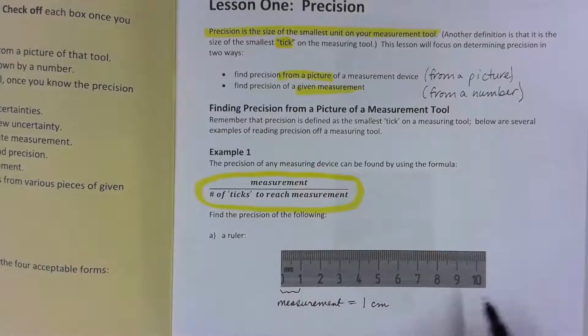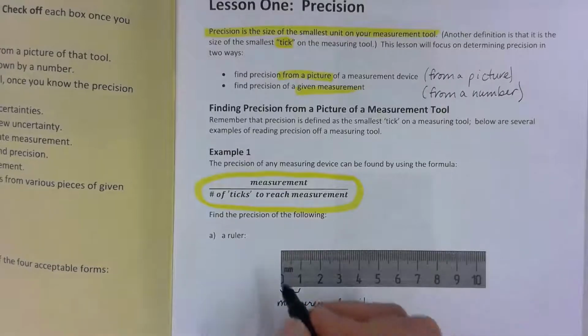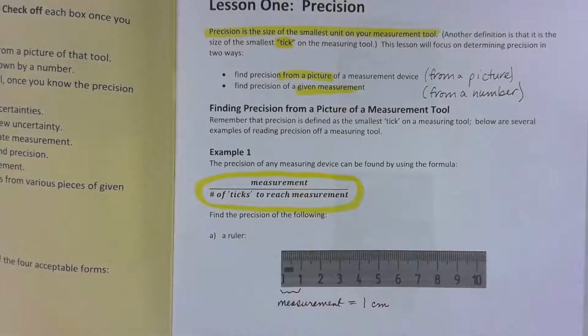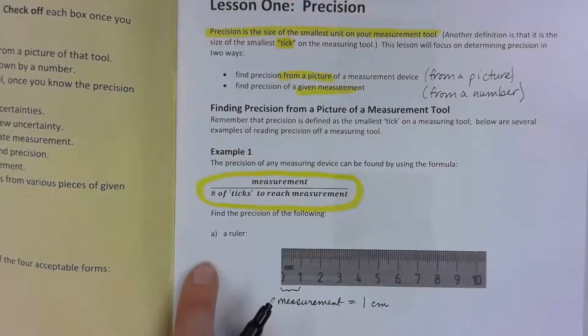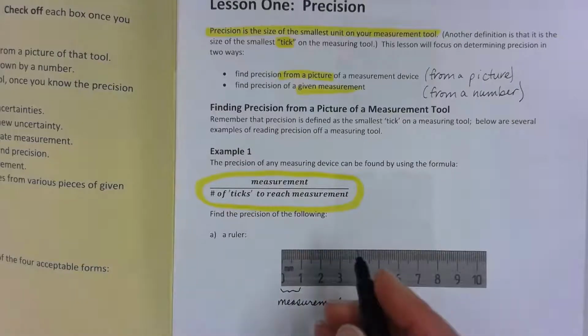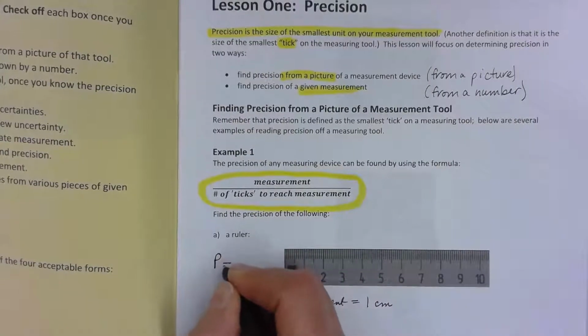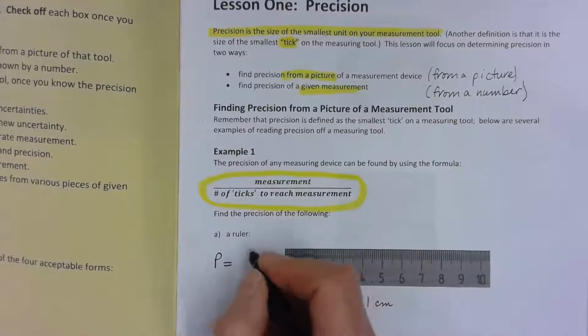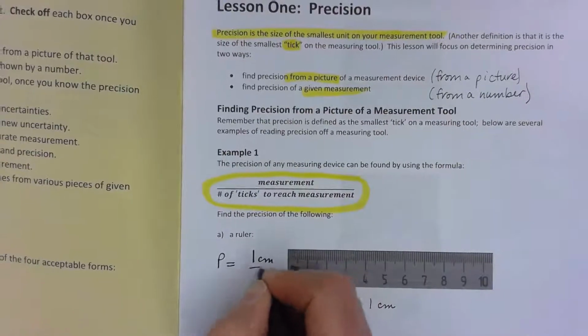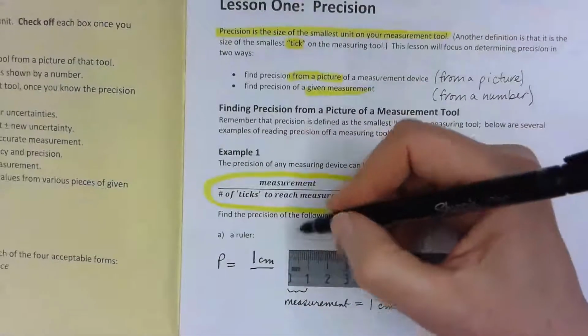This ruler is measured in centimeters, and each little tick is a millimeter. So the precision equals the measurement itself, 1 centimeter, divided by how many ticks it takes.